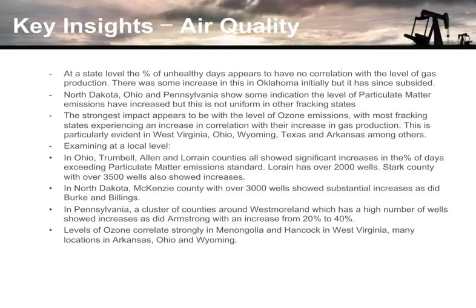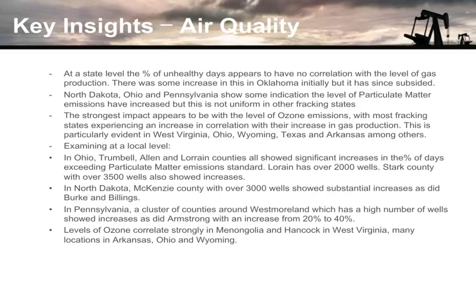In Ohio, Trumbull, Allen and Lorain all showed significant increases and all had high numbers of fracking wells, and Lorain particularly had over 2,000 wells. In North Dakota, McKenzie County, which had over 3,000 wells, showed substantial increases. In Pennsylvania, there was a cluster of counties around Westmoreland, which has a high incidence of fracking, which showed substantial increases.